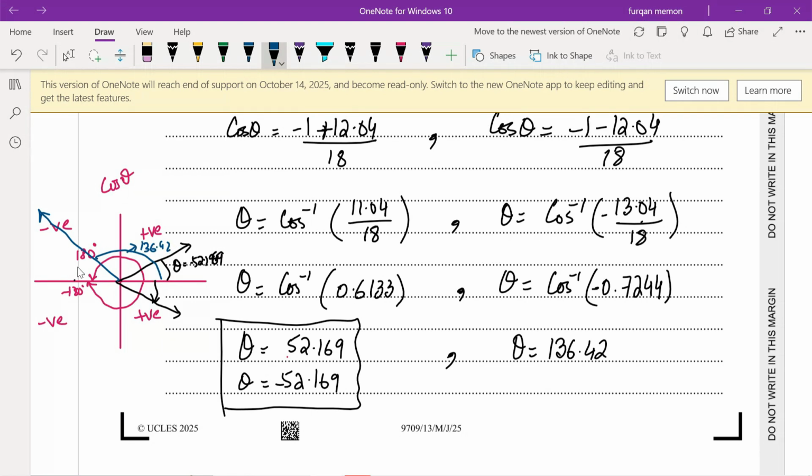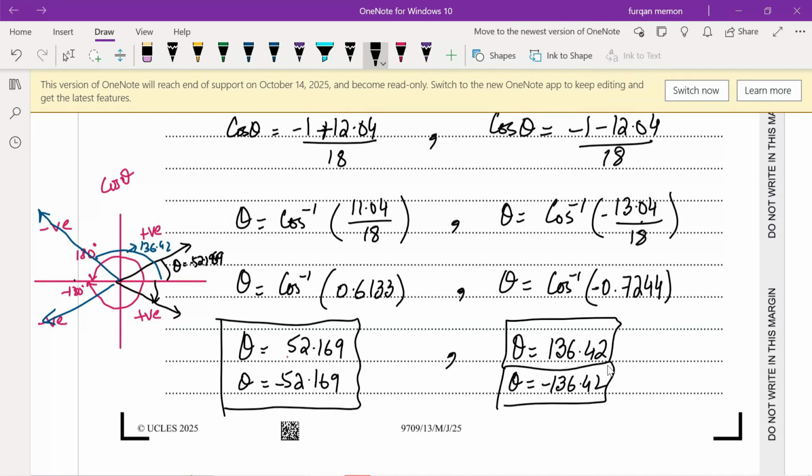You know that this angle lies in the second quadrant, which gives a negative value for cos 136.42, and the value will be negative 0.7244. And the same negative value can be achieved in the third quadrant too. So cos theta follows the symmetry, so we can also say that theta equals negative 136.42.